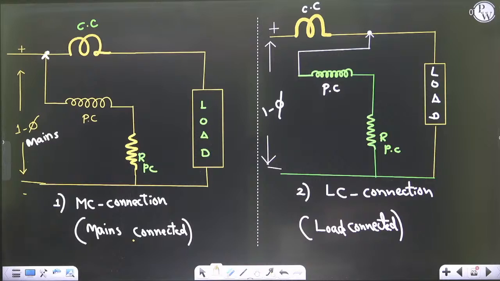Tell me. MC connection, LC connection, any possibility of error?